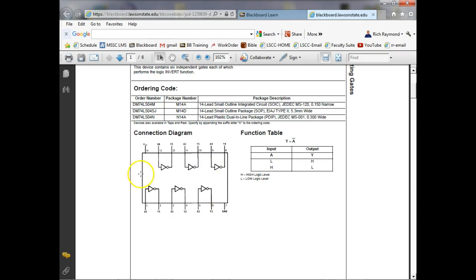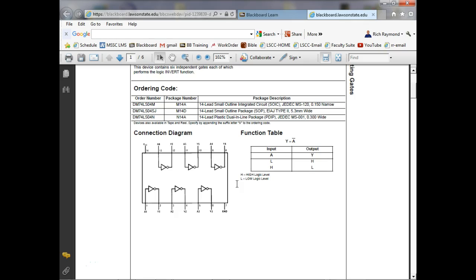So this is what we call a pin out. And what it does is it shows you how these different gates are wired inside the actual chip, inside the integrated circuit itself, inside the package. So a NOT gate, by the way, is the only gate where it's different. The logic is called NOT.